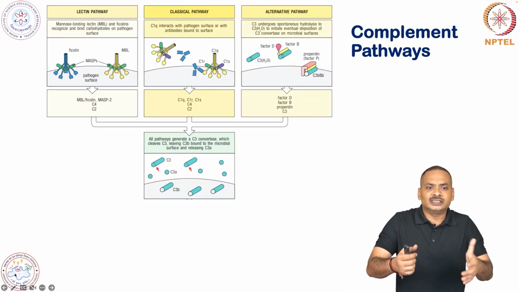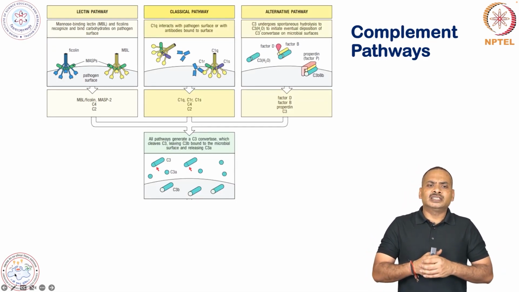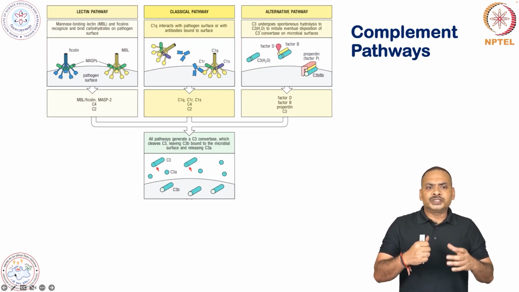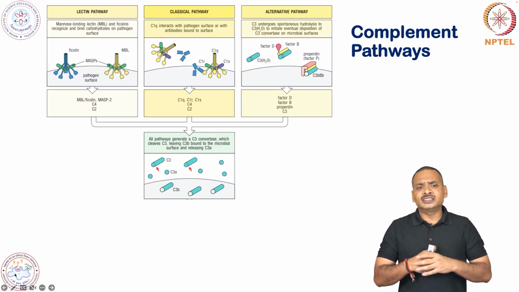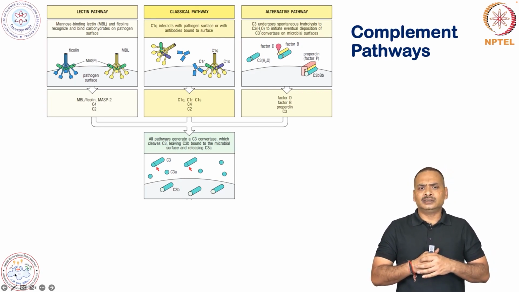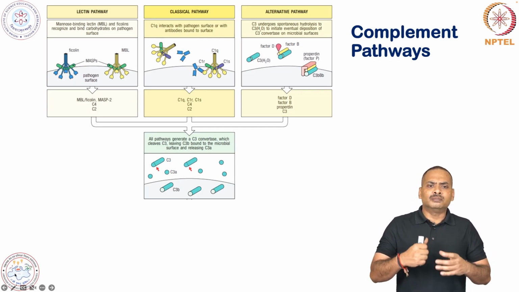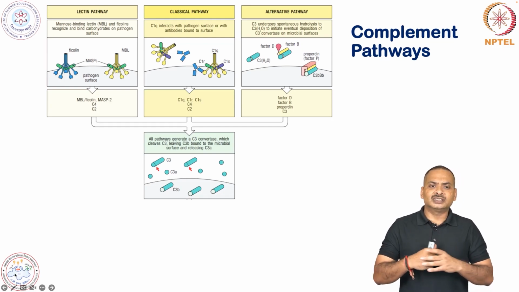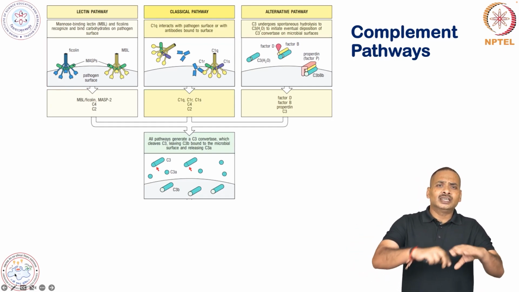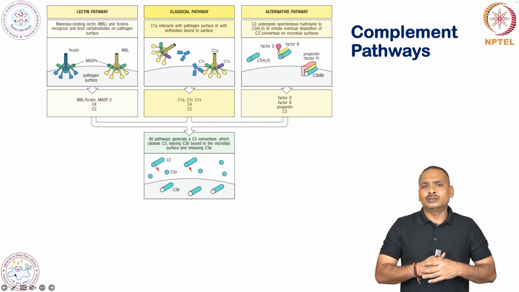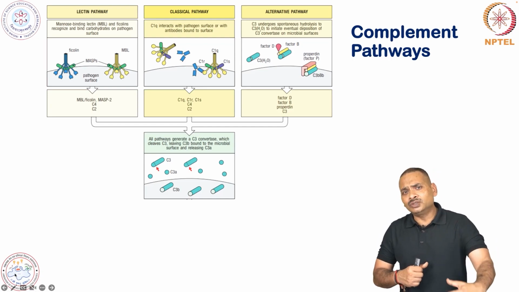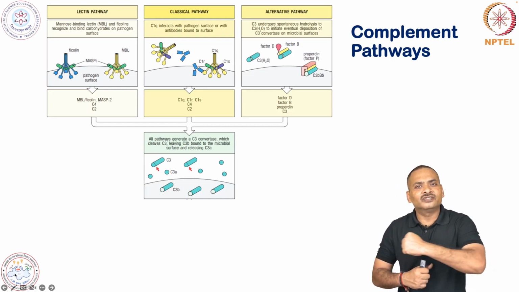So here you can see that all pathways generate C3 convertase, which cleaves C3, leaving C3b over the target cell surface. This C3b is bound to the microbial surface and releases C3a. C3a causes inflammation, and C3b present on the microbial surface means it will be readily phagocytosed.